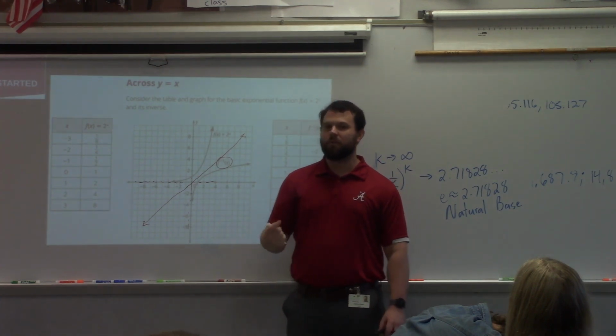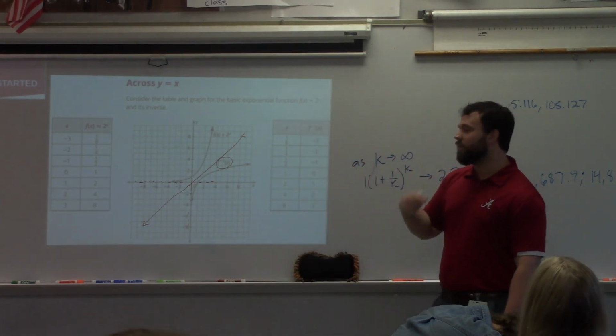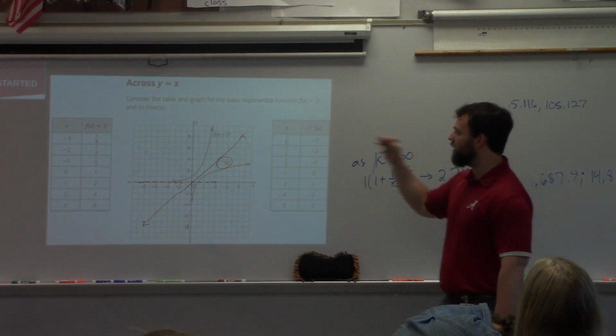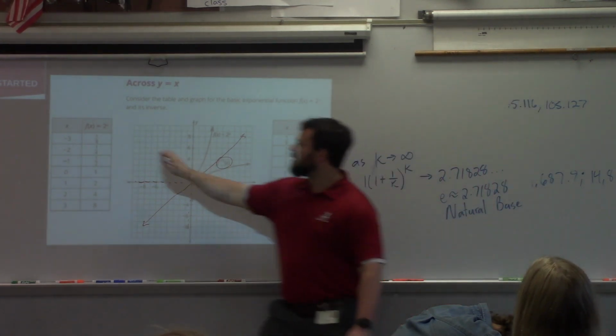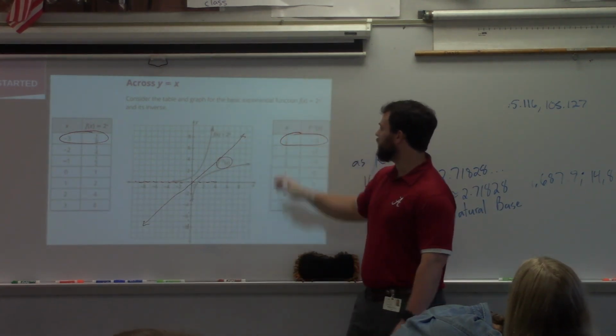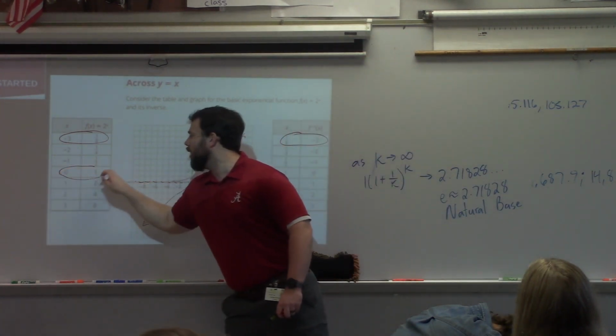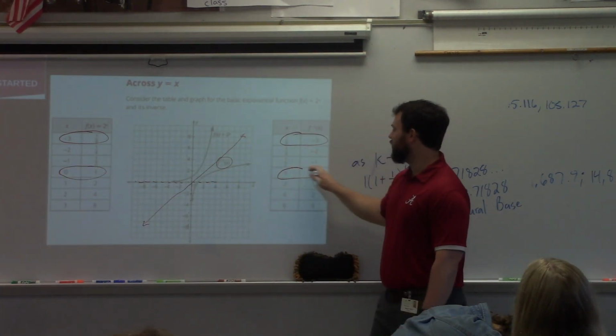Vertical. Because what was an output became an input, right? Notice this idea of inverse is going to show up time and time again. Notice (-3, 1/8) became what? (1/8, -3). What was (0, 1) became (1, 0).